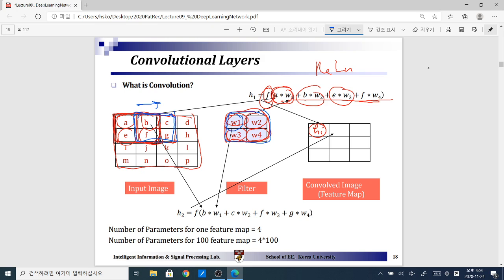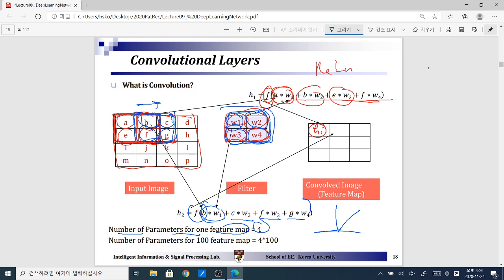In other words, it's a weight multiplied by that, summed with this weight multiplied by this, summed with this weight multiplied by that, and then summed with this weight multiplied by that, and then the whole thing is activated using, once again, this ReLU function. So in this case, the number of parameters for one feature map, which is this, would be 4.